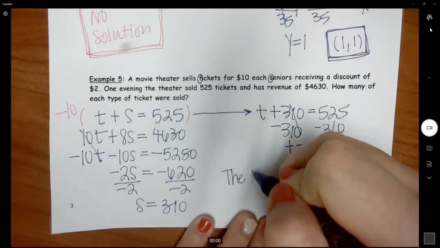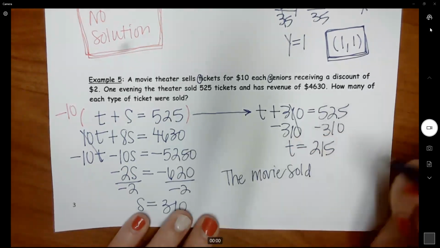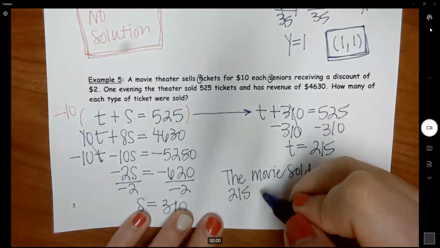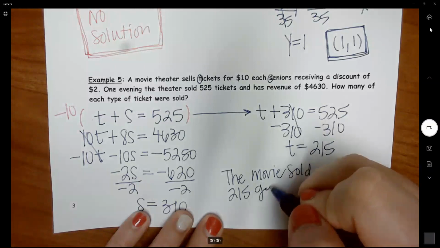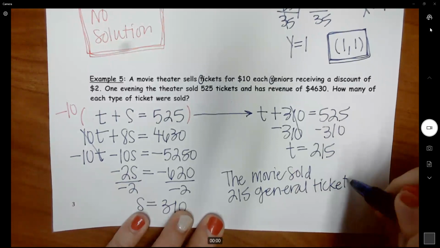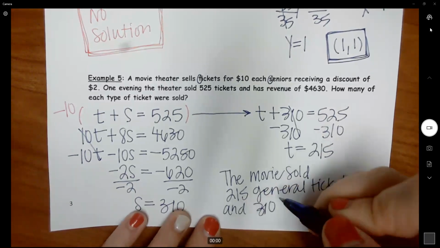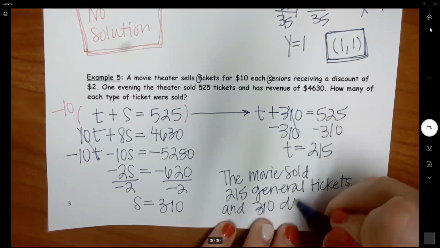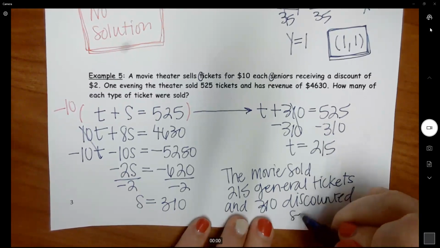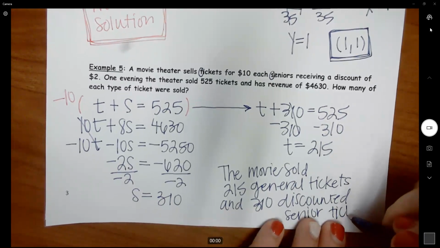Well, the movie theater sold 215 general tickets and 310 discounted senior tickets.